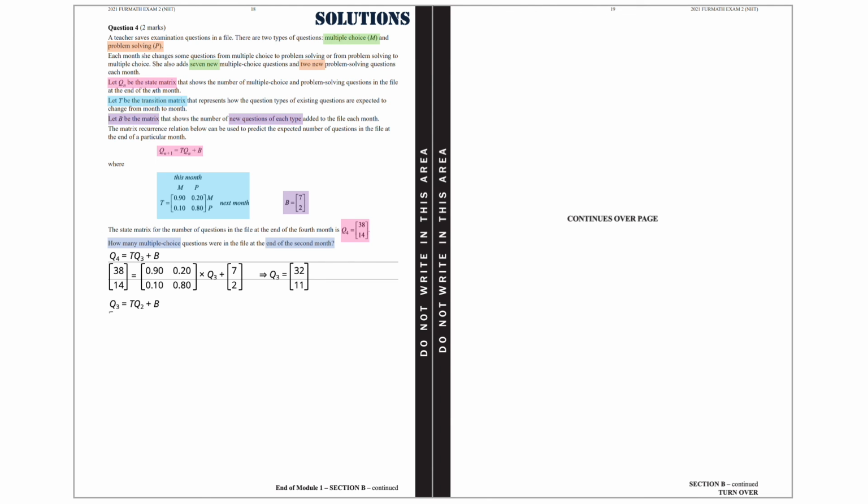Similarly, Q3 equals TQ2 plus B. So we substitute the matrices we know. And we end up with Q2 equals the column matrix 25.7, 9.29. So at the end of the second month, there are 26 multiple choice questions in the file.